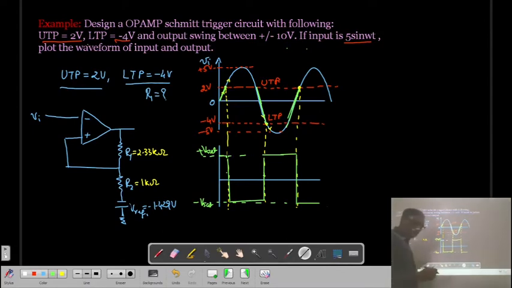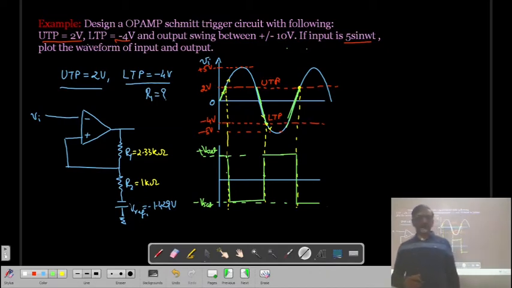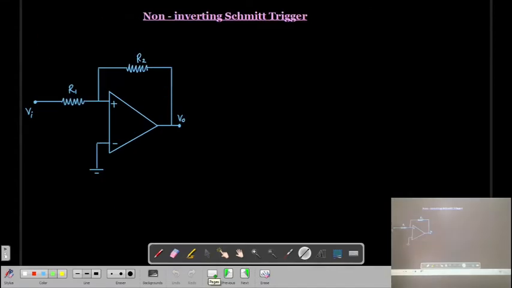Okay, now we will discuss another type of the Schmitt trigger, that is known as a non-inverting Schmitt trigger. You can see this diagram, where we apply an input voltage to the non-inverting terminal of the operational amplifier. Basically here, remember, this circuit is like this.